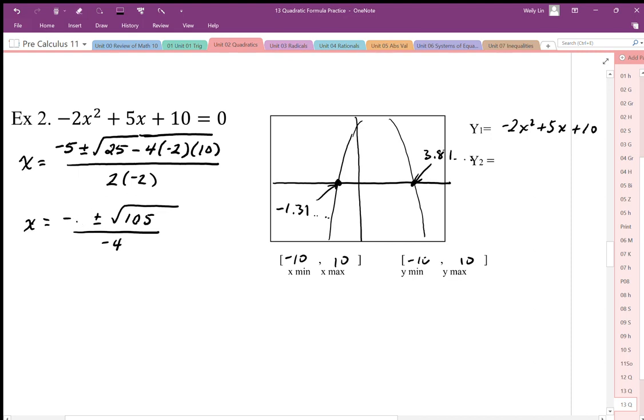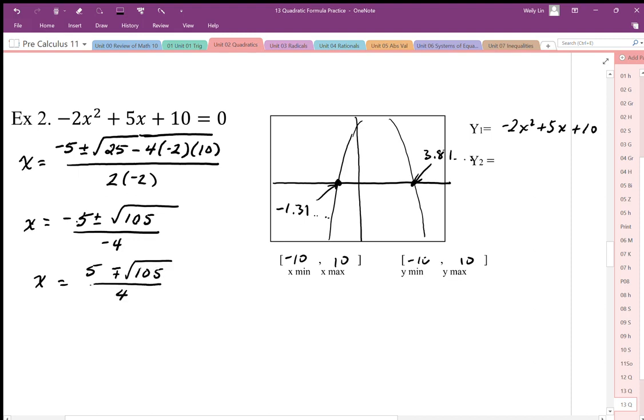We can also kind of get rid of some negatives here. Now this is a bit tricky, so you have to be careful if you're going to do this. I'm going to multiply top and bottom by negatives, so I'm going to end up with positive 5 minus plus, which is really the same as plus minus 105 all over positive 4.